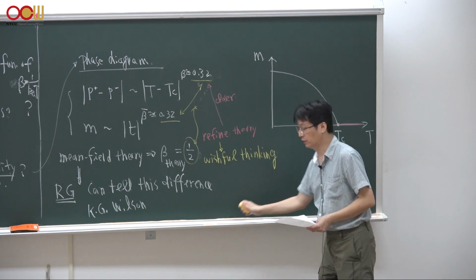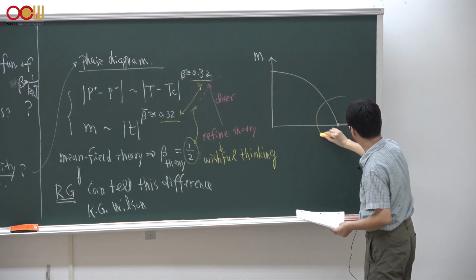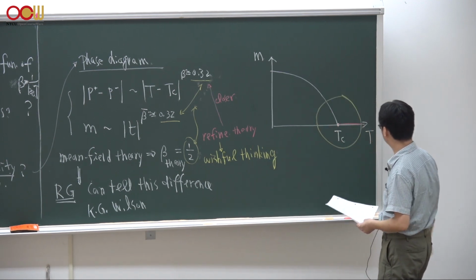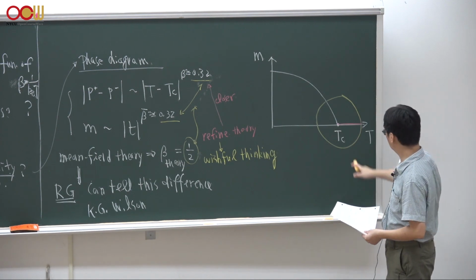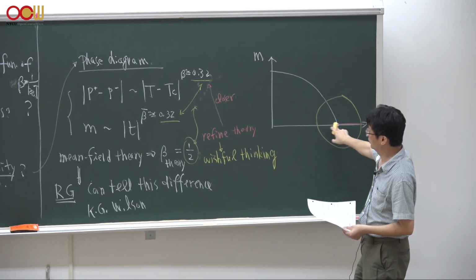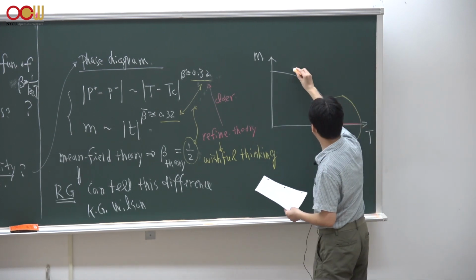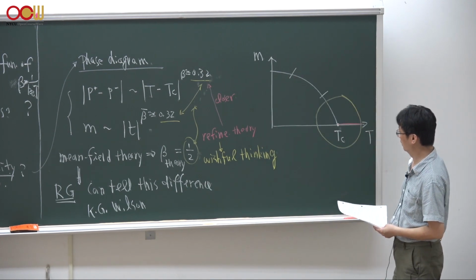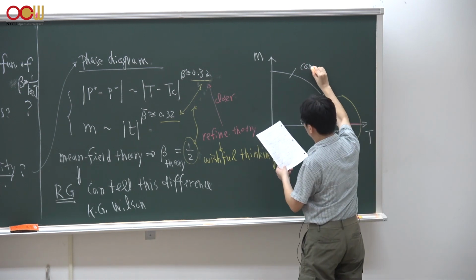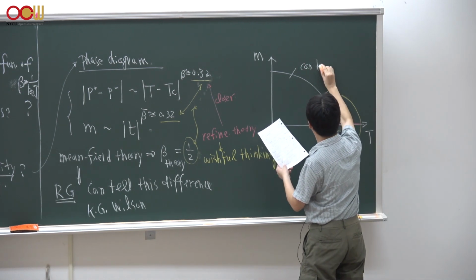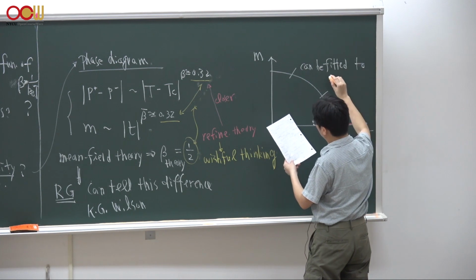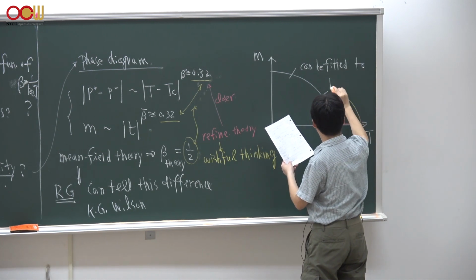What we are interested in here is the magnetization as a function of temperature when temperature is very close to Tc. That's what we are probing here, this exponent. So the mean field theory predicts the exponent to be 1/2. This 1/2 exponent could be fitted to the data in this intermediate temperature range.